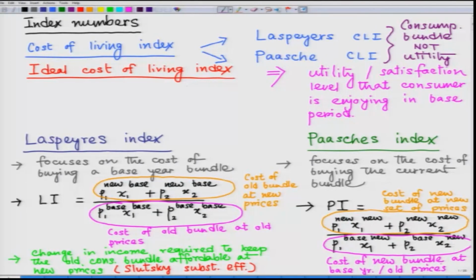Now, having stated the formula and having looked at the interpretation of Laspeyres and Paasche index, let us see their pitfalls. We are going to compare the Laspeyres and Paasche index with the substitution effect, income effect discussion, going back to our discussion on decomposition of total price effect. Suppose there is a price rise.